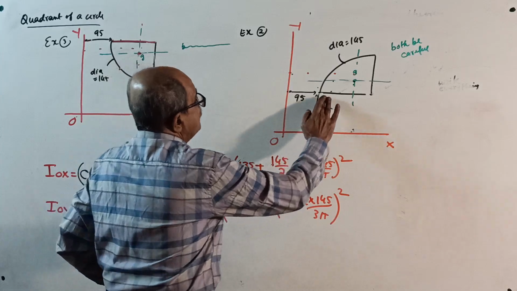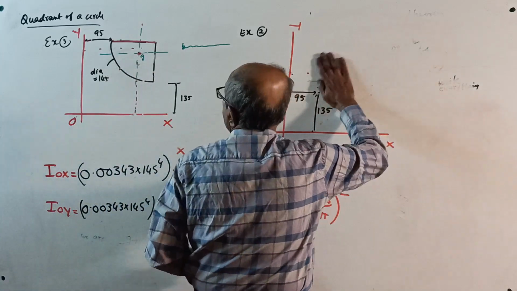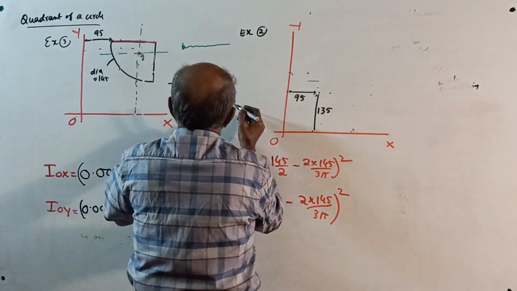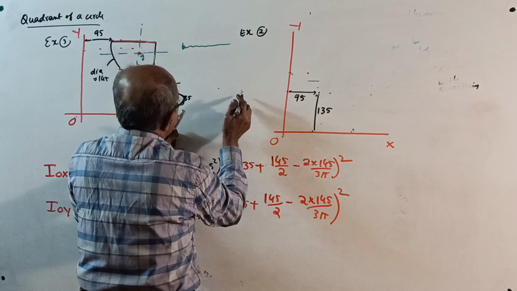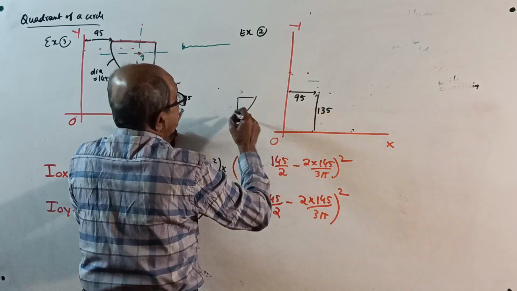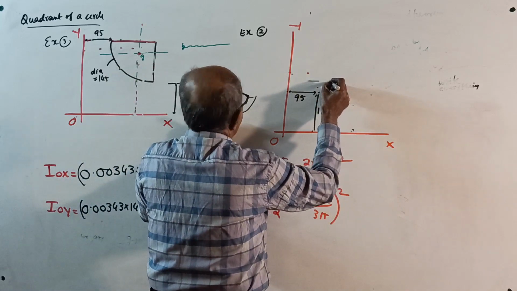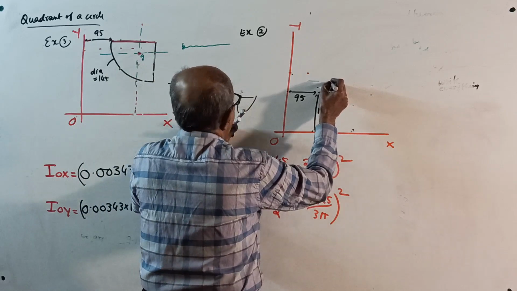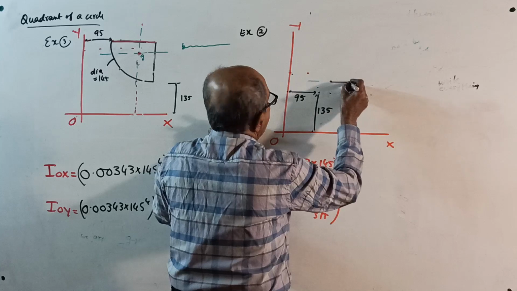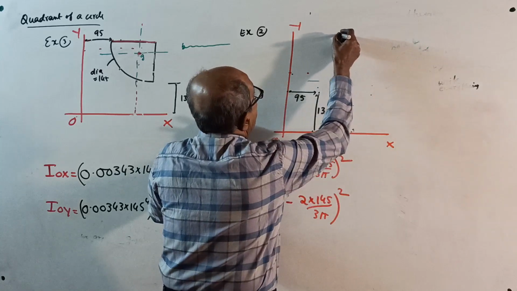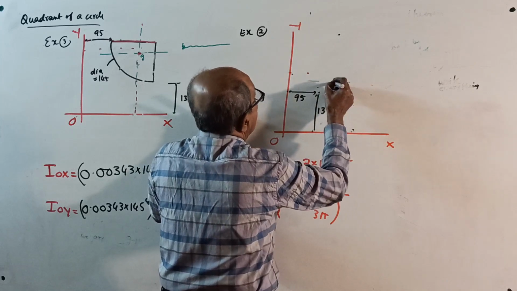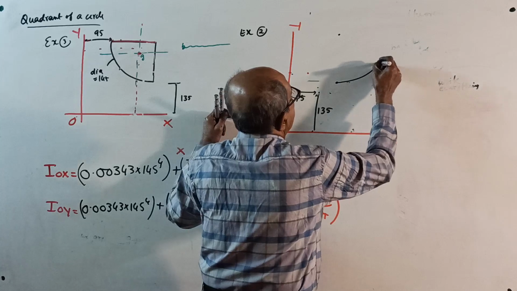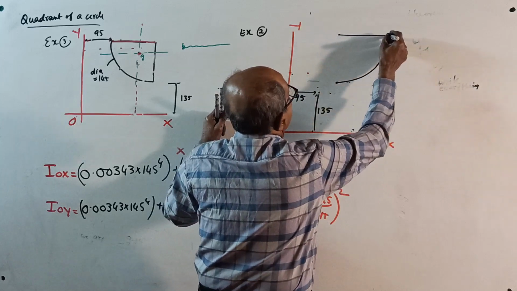Lastly, question number 4. Same thing, however now the first is the lower side. Now how do I do it? I have to put it this way. It's a quadrant.